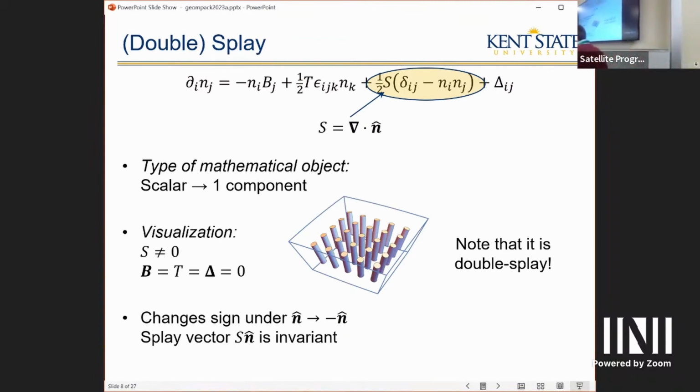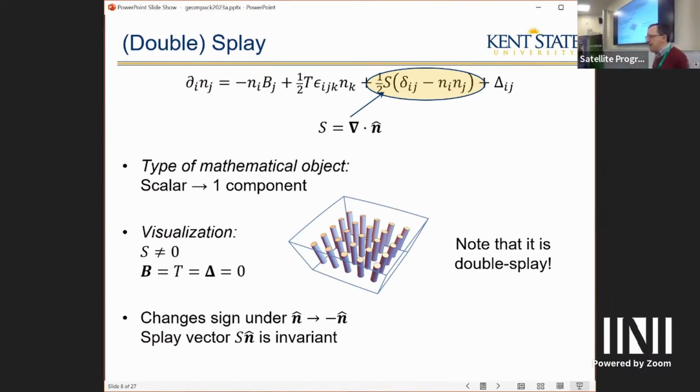If that troubles you, you can say, let's just multiply it by another factor of the vector n. And then you get a vector parallel to n, which is uniquely defined. Okay, and so you could say splay is really a vector parallel to n, and it's saying that up is different from down in a picture like that, which is unambiguous. Okay, so we've got two components for bend, one for twist, one for splay.